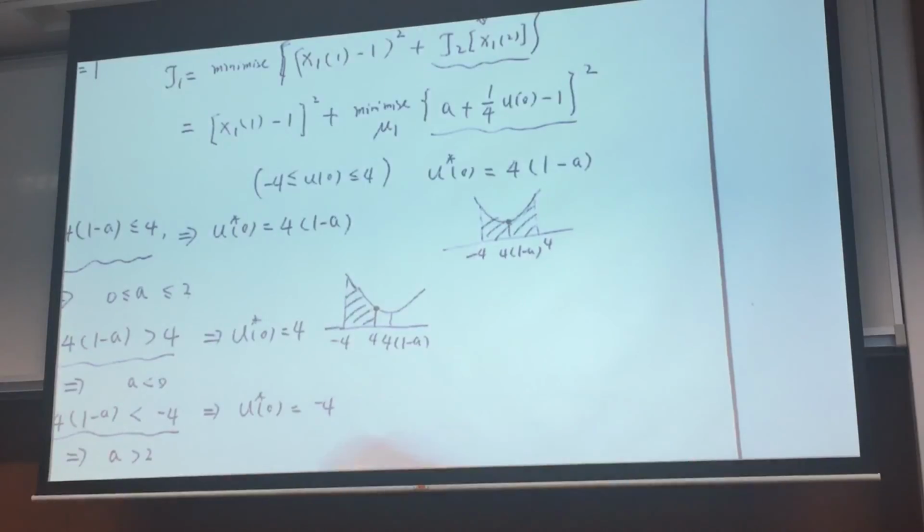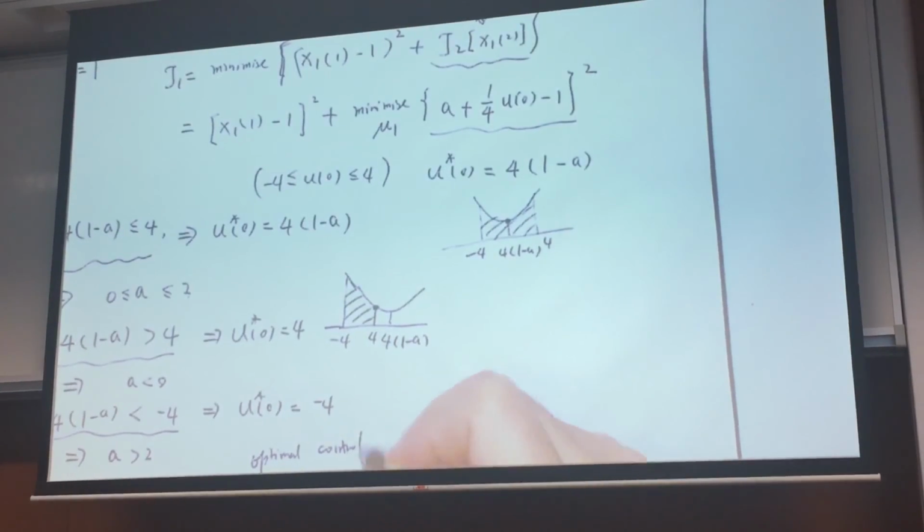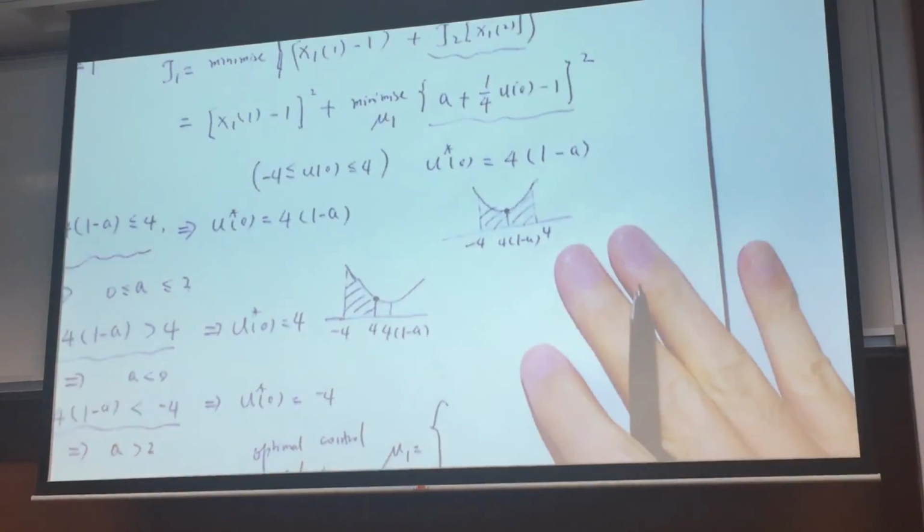By summarizing these three scenarios, we know the optimal control policy is given by mu1.